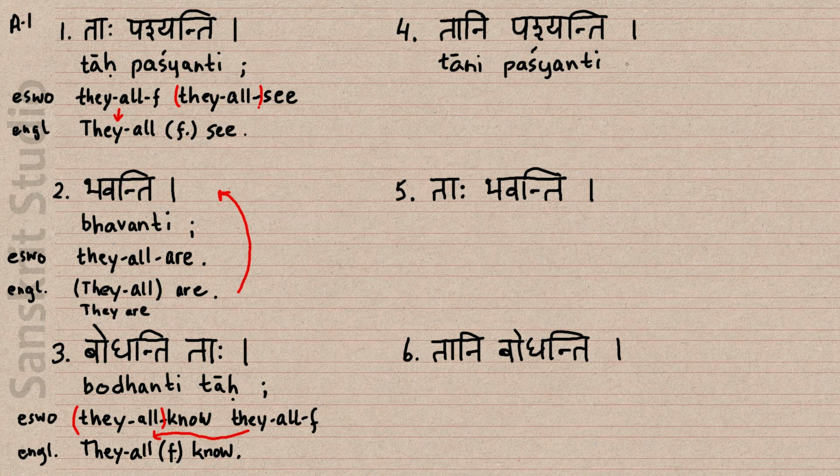Someone is seeing. And Tani are the ones who are seeing. So Tani is neuter. They all N. And then we have Pashyanti, so they all C.